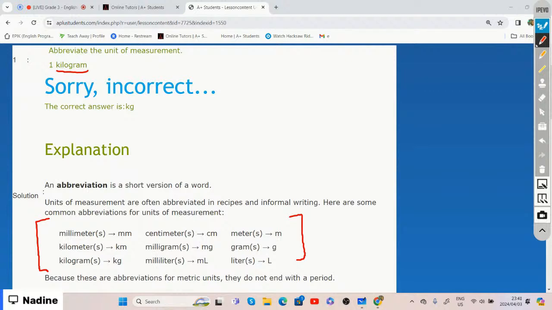And you may look at the bottom where we see the common metric units. All right, and if we choose the abbreviation for kilograms, then yes, the abbreviation for kilograms is kg, right? So well done. Kg is cool.